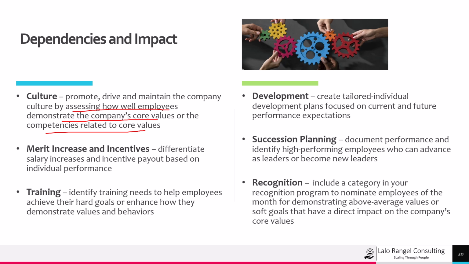It has an impact on the merit increase and the incentive payout because you can differentiate salary increases and incentive payout recommendations based on the individual performance. The better the performance, the higher, for example, the merit increase or the bonus payout recommendation.